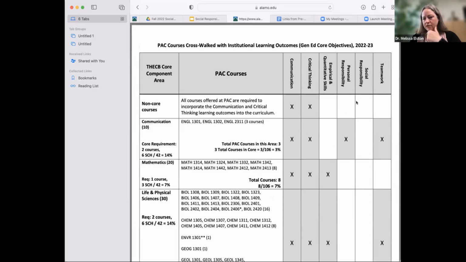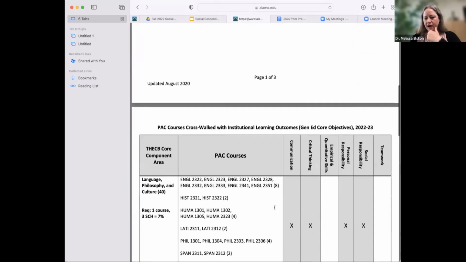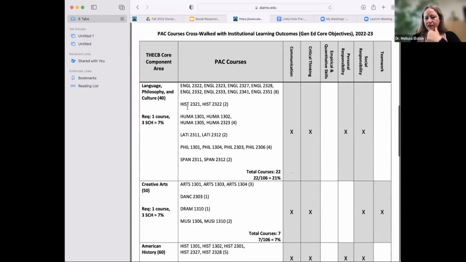social responsibility, the one that we're measuring today, we take measurements in these classes, the language, philosophy, and culture. So yeah, I'm not sure what courses some of these respond to because I'm not in philosophy, but English, just a glance at that tells me that's all the literature courses. So that's one of the things that the people in my discipline are charged with at this stage.